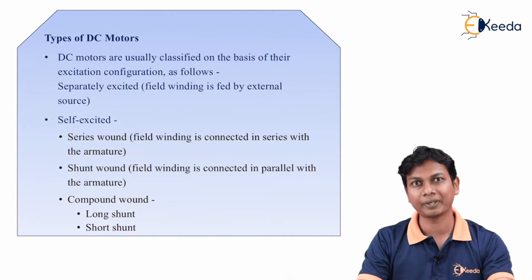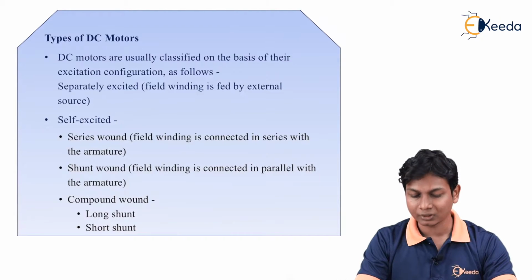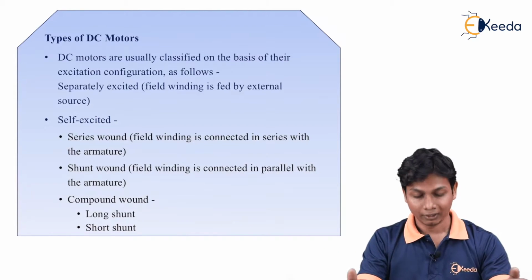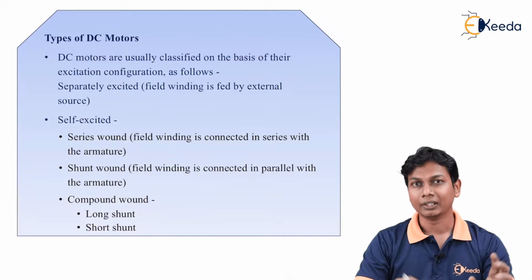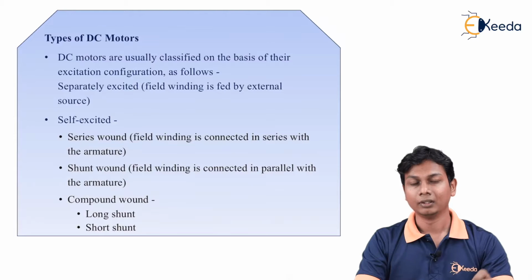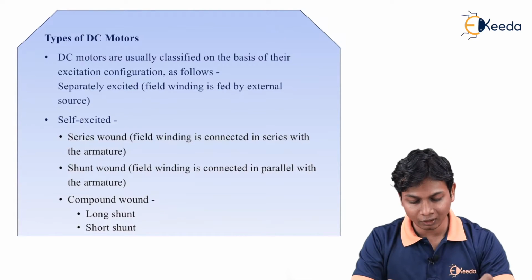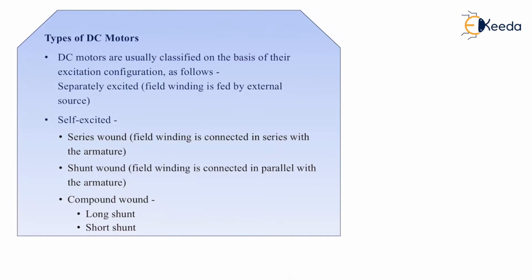So what is separately excited? Here the field winding and the external source are separated. Self-excited motors are of two types, series wound and shunt wound. In the series wound, the field winding is connected in series with the armature. That is, if we consider this a field winding here, it is connected in series with the armature.